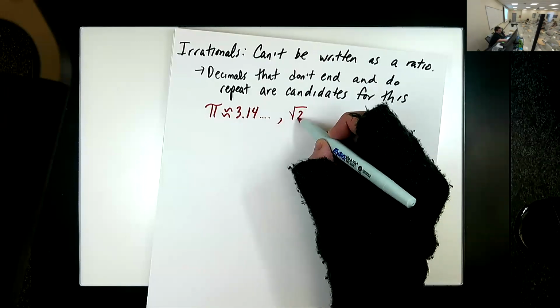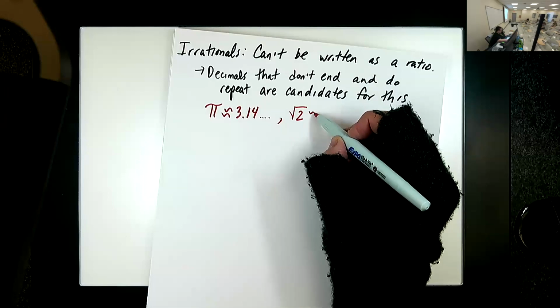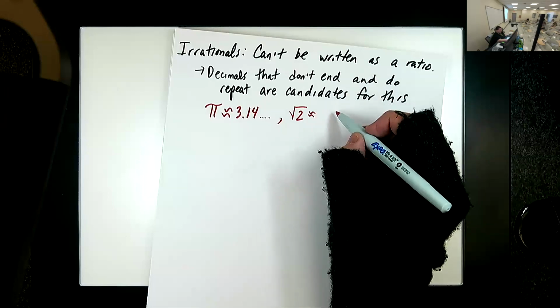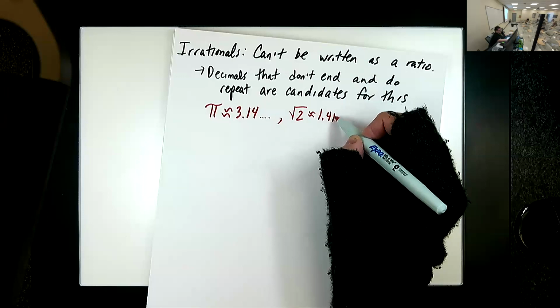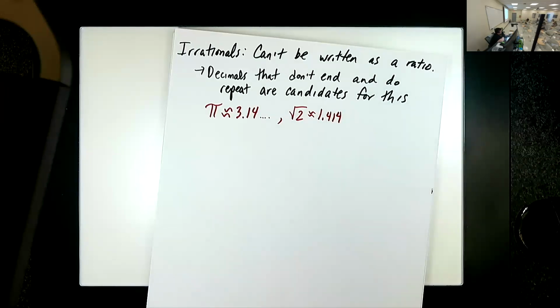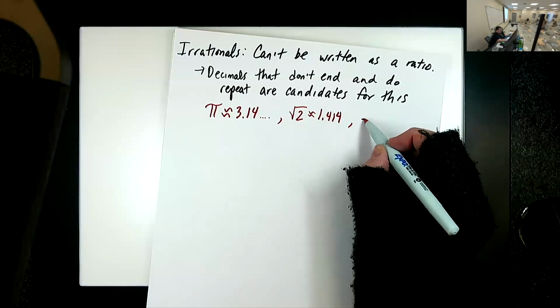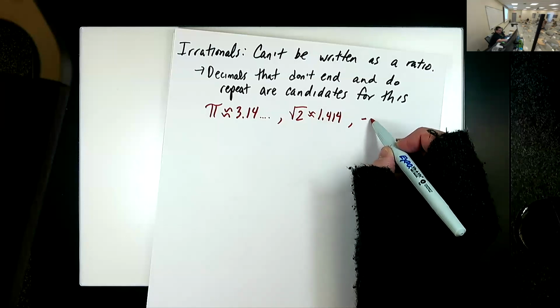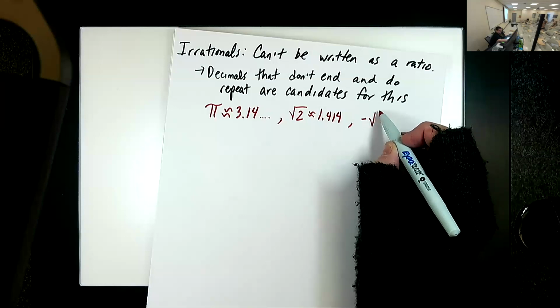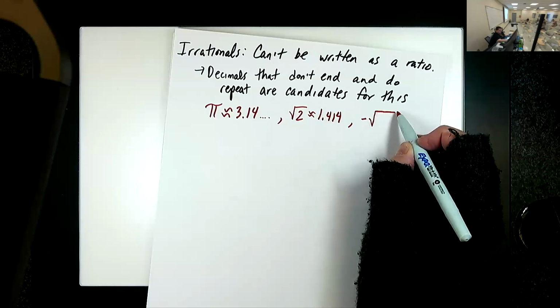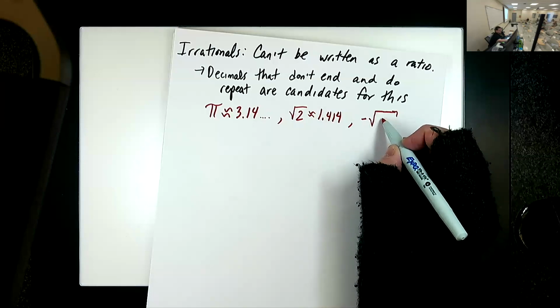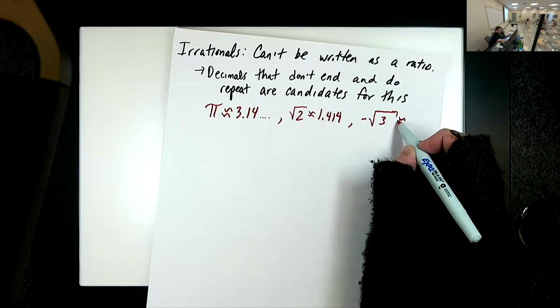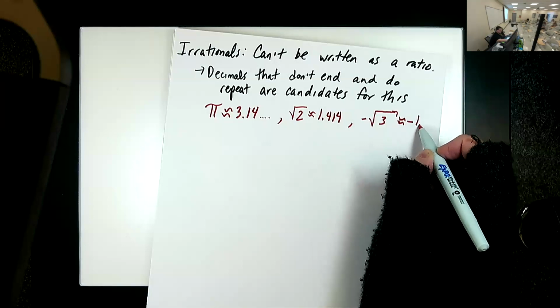Square root of 2 keeps going on forever, but to 3 decimal places is 1.414. Any square root of a prime number is going to be in here, and some non-prime numbers, like negative square root of 3, which is approximately negative 1.732.